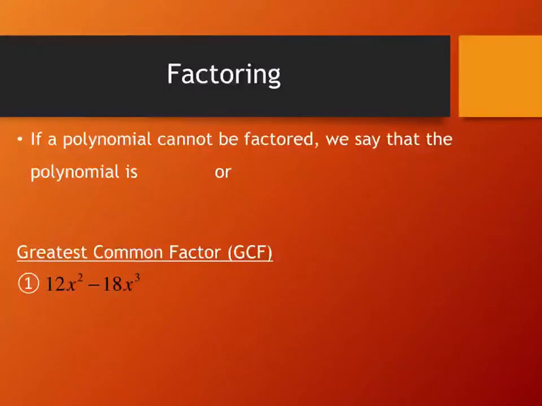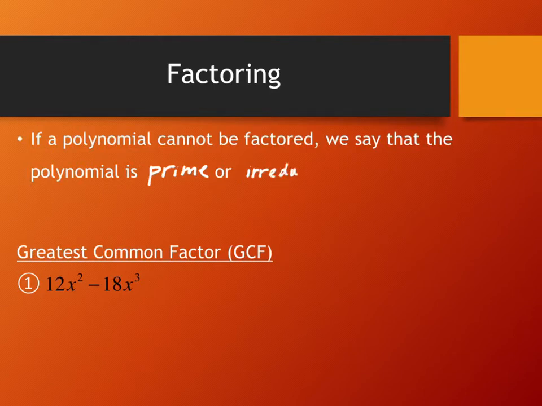So to start with, if a polynomial cannot be factored, it has a name. We call it prime, and that's what we would have called a number, right? We call the number 2 prime because it doesn't break down into anything different than itself and 1. So 2 is a prime number. The same thing is true for a polynomial. If it cannot be factored down any simpler, we call it prime. That's the better term. There's another phrase as well.